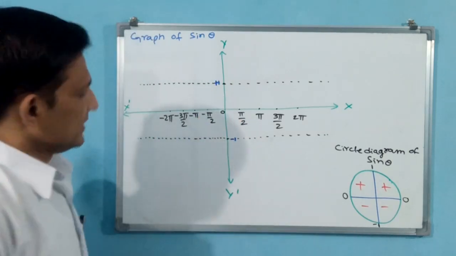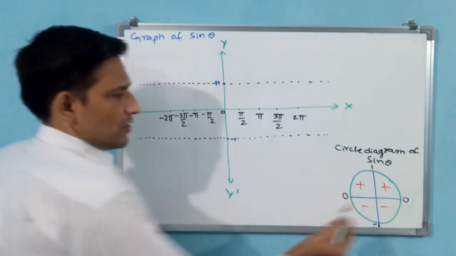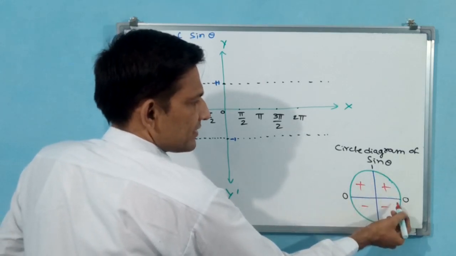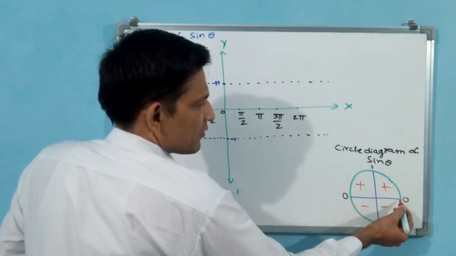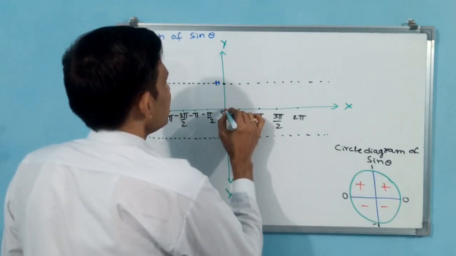Now draw the original graph. You see 0 degrees to 90 degrees, that is 0 to pi by 2, 0 to 1 has gone.